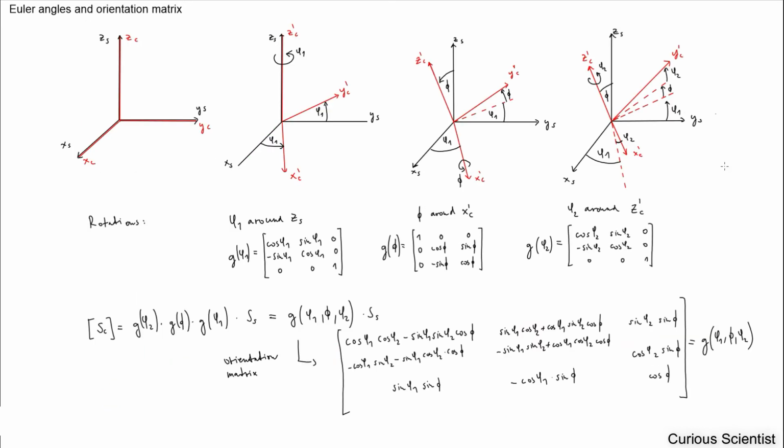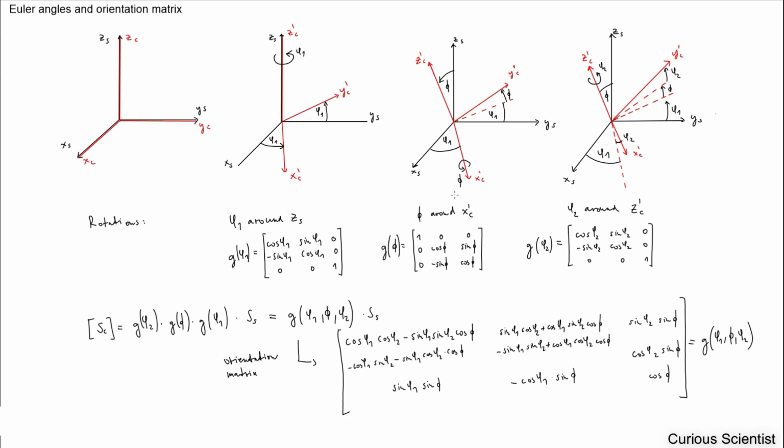So we came back to the figure. I just put up the Euler angles and the coordinate systems up here. Here are the matrices for the rotations. Let's call it G. The G phi 1 is described by this matrix, and this is a phi 1 rotation around the z axis.